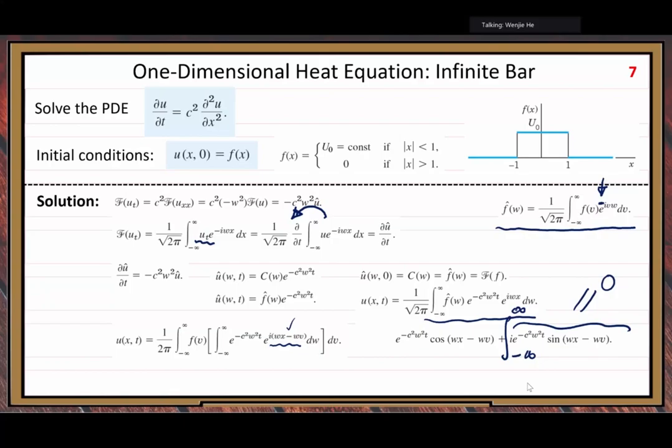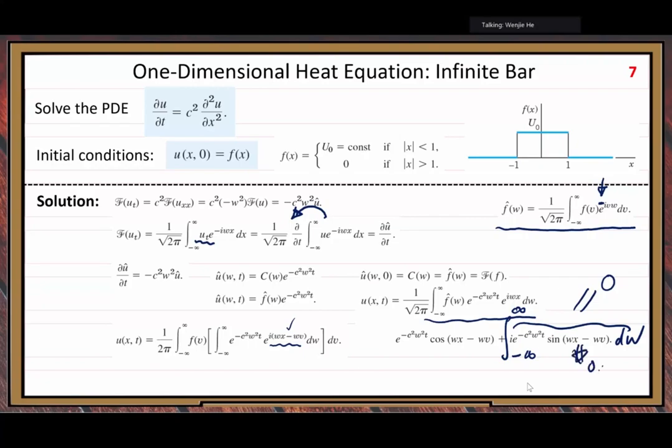Now, let's look at the integrand function. This is the inner integral, and in the inner integral, w is the variable, a dummy variable, with dw. Is the integrand an odd function? Yes, it is.